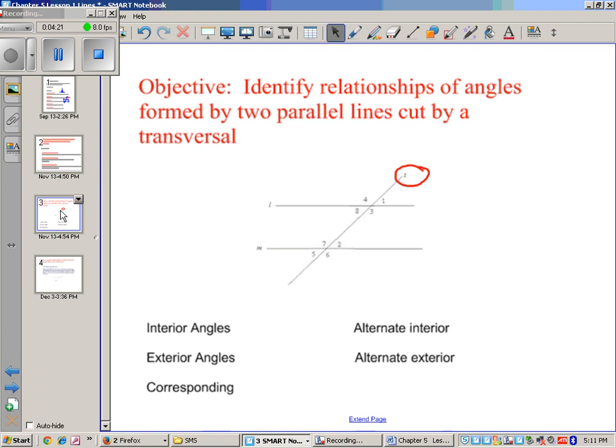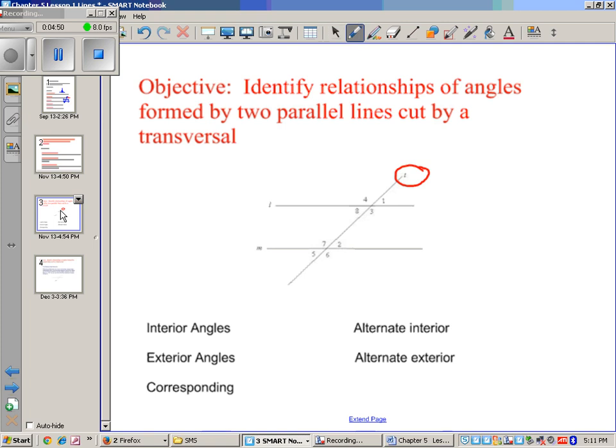Okay, first we have our vocab word of interior angles. Now take a look at our example and maybe try to jot down all of our interior angles that were formed by these two parallel lines and the transversal. Okay, pause the video, write them down on your sheet, come back to the video and see how close you were.